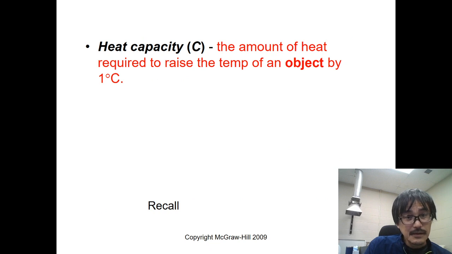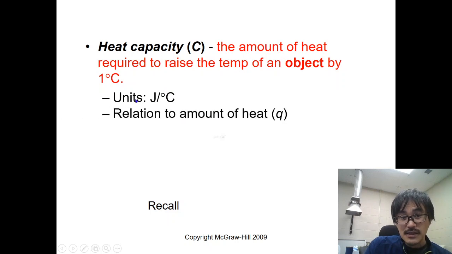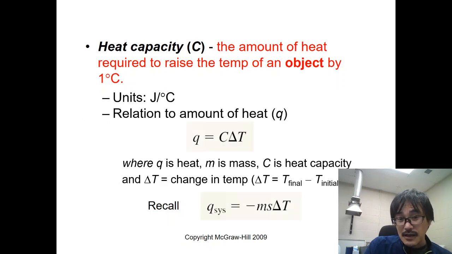So heat capacity is the amount of heat required to raise the temperature of an object by 1 degree Celsius. So what's the relation between the specific heat and the heat capacity?